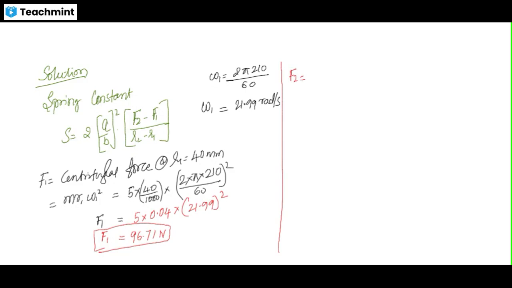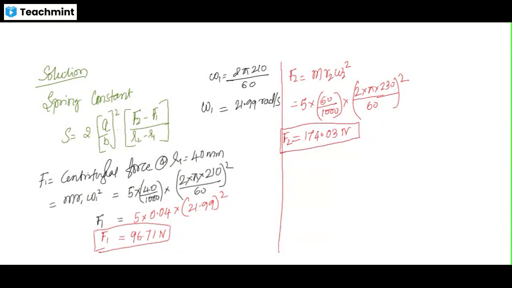F2 equal to m R2 omega square, which is 5 into 60 divided by 1000 into omega, 2 pi into 230 divided by 60, squared. Find out F2. F2 is 174.03.